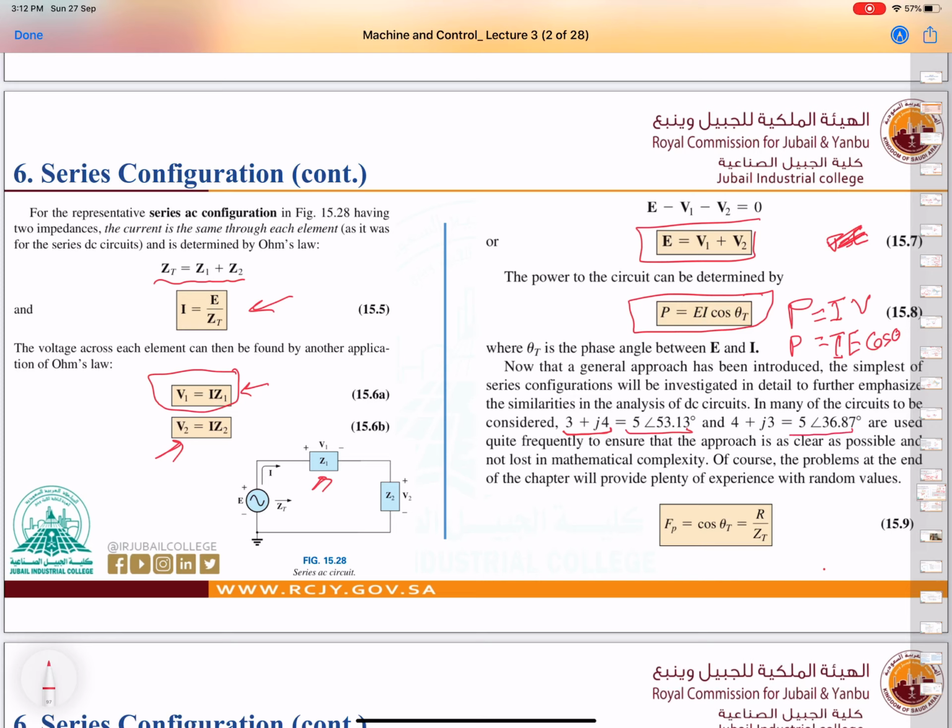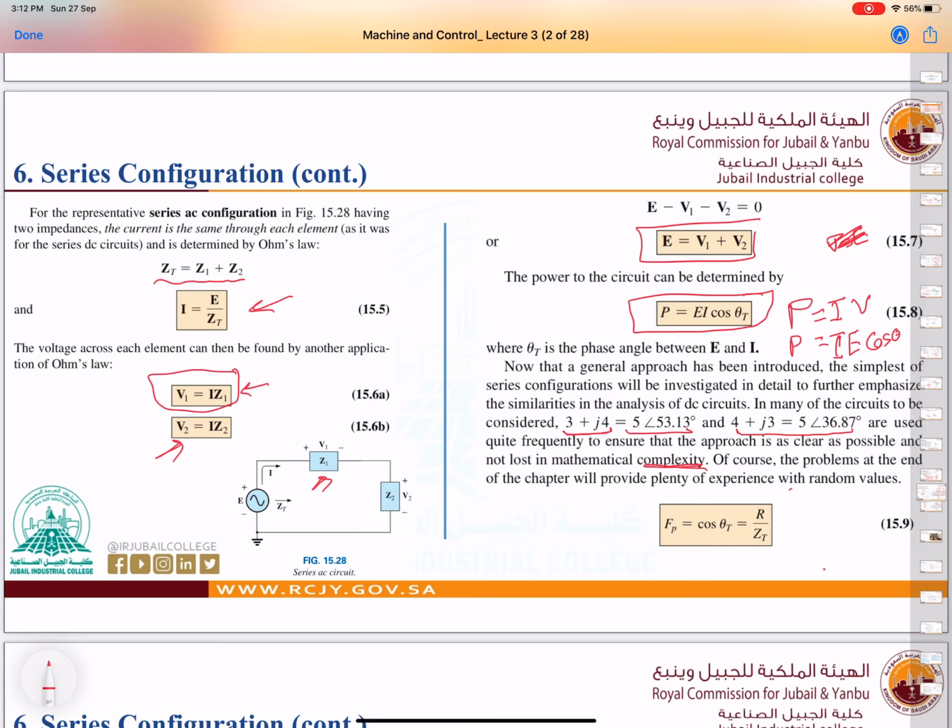This conversion of the two forms is used quite frequently to ensure that the approach is as clear as possible and no loss of mathematical complexity is found. Of course, the problems at the end of the chapter will provide plenty of experience with random values.